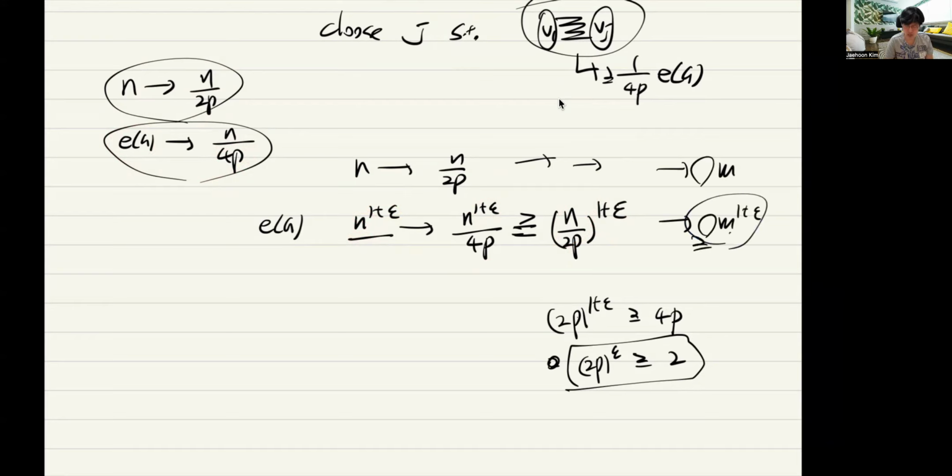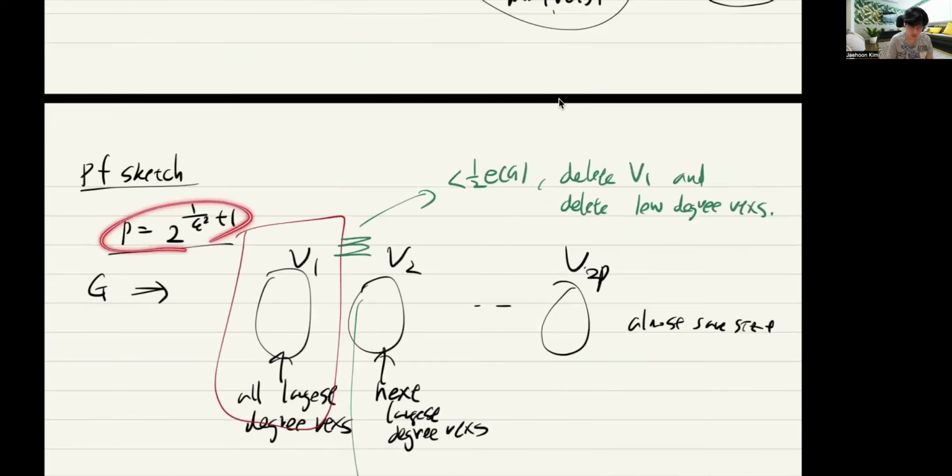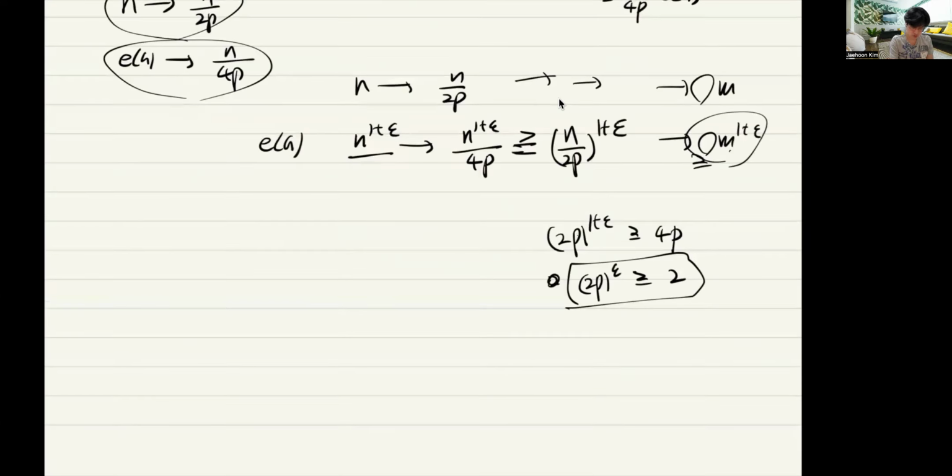It still has more than this many edges, because it decreases by this much, and this is the same as putting the same number and the same exponent. So that's why this holds with the same exponent, and that's the motivation why we pick this number in this way. Yeah, I will not write the details of this proof, but that's the idea.